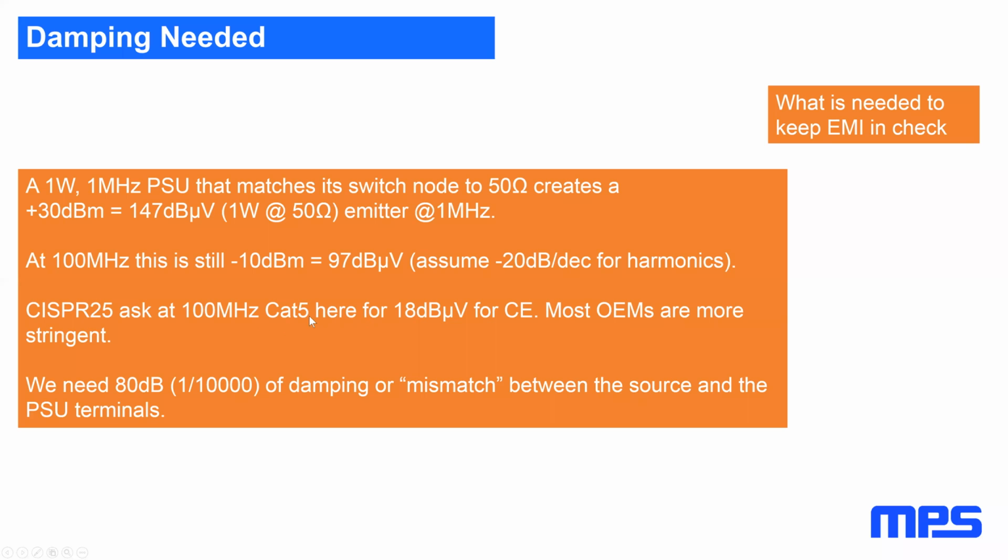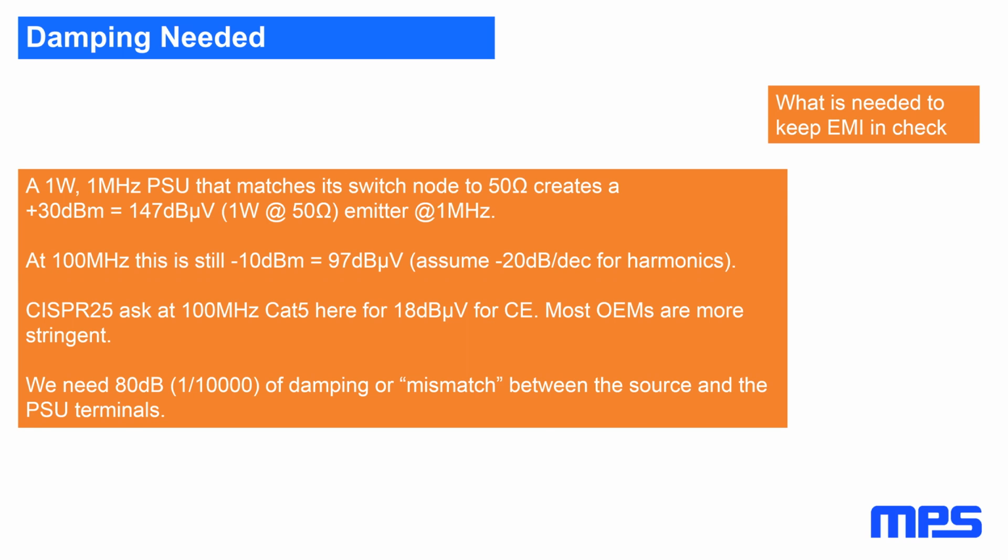So we will need about 80 dB attenuation. In order to get your power supplies through typical EMI certification, you need a damping or mismatch of 80 dB or more. That's what you have to do with your power supply design, so that you do not make a radio station.